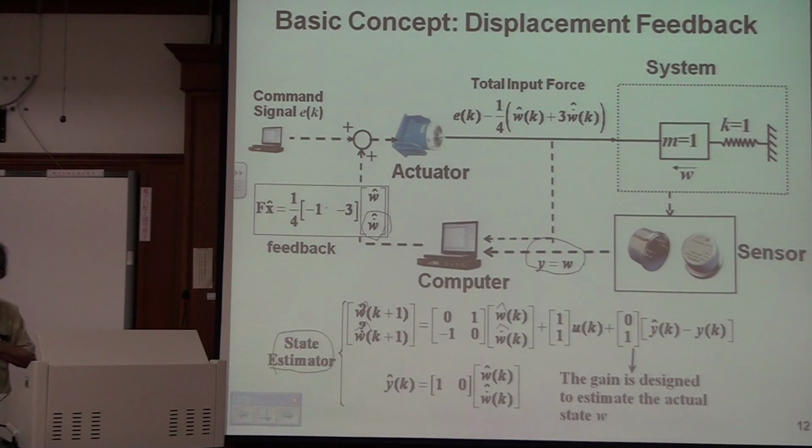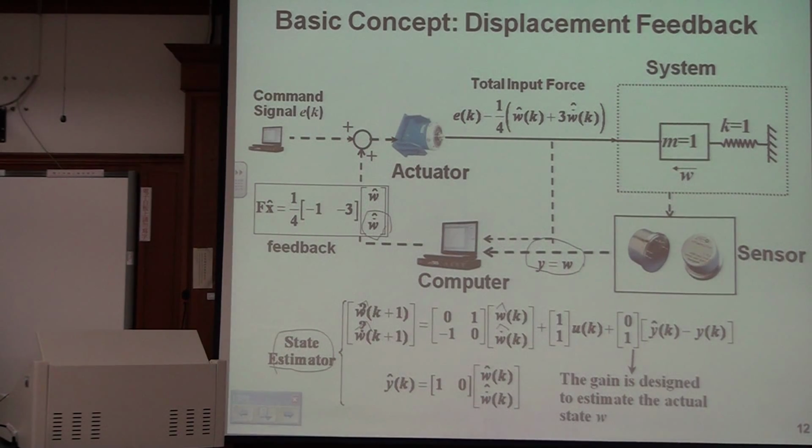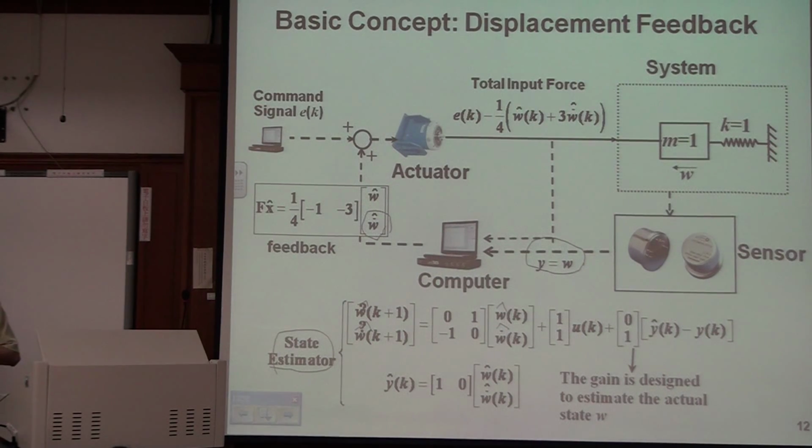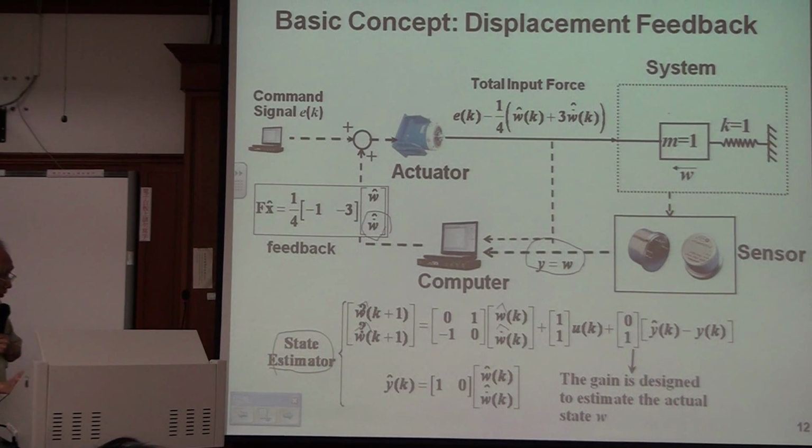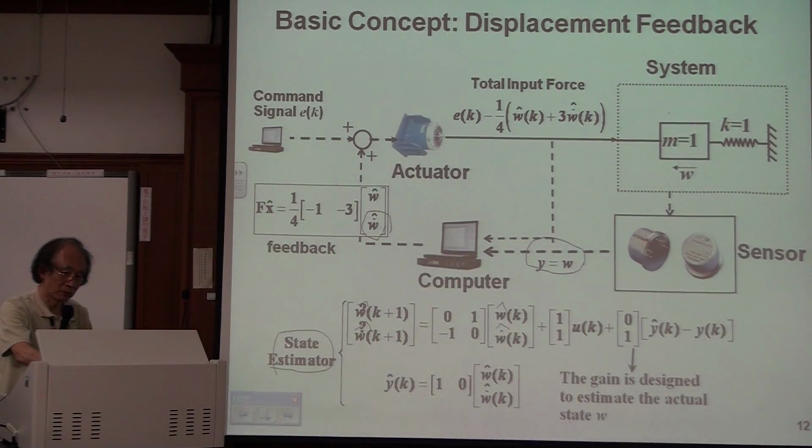As long as you have state feedback, and you are short of measurement devices, then you need the state estimator to estimate those states you don't measure. I show you this chart so that you understand the importance of the state estimator, and some people call it an observer.